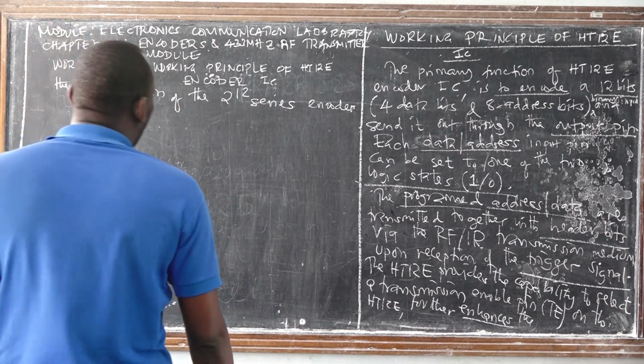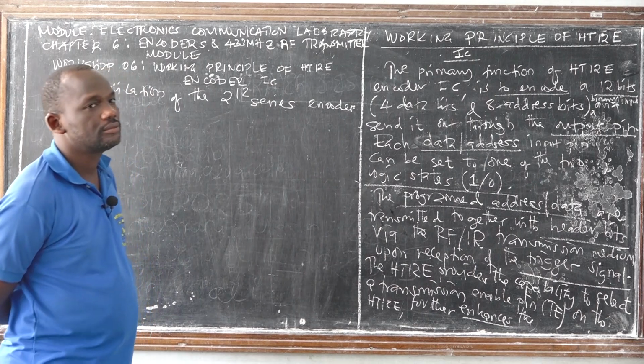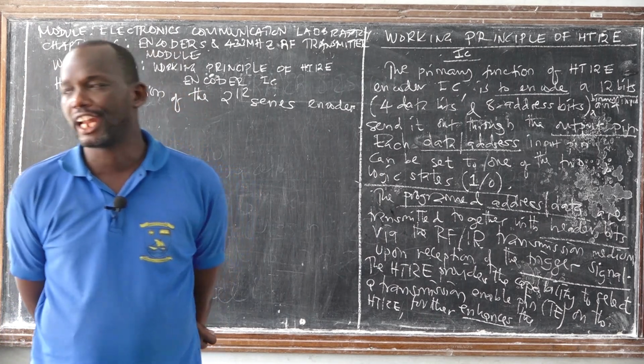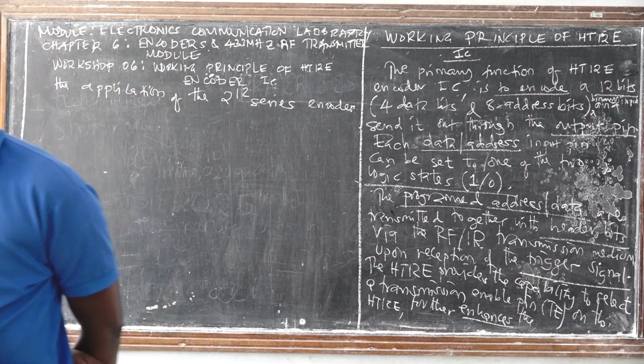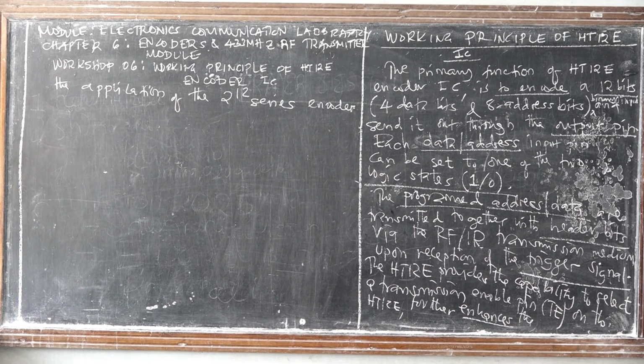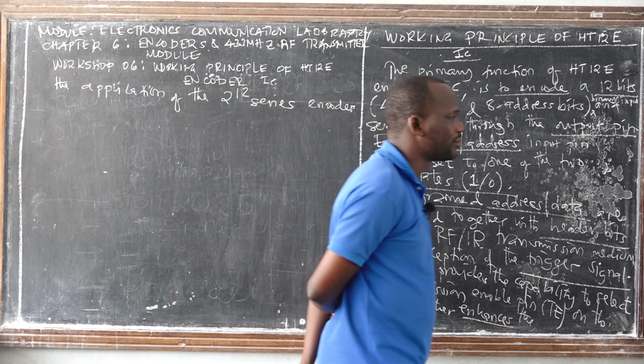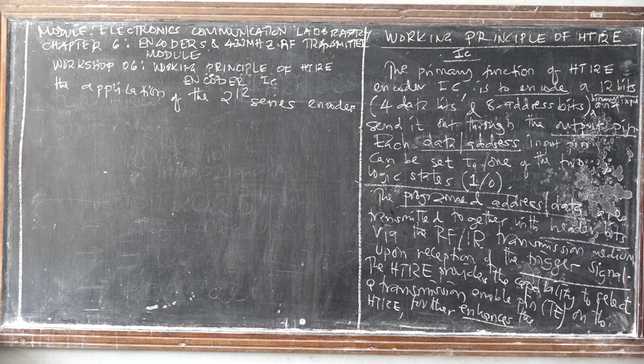Then before we learn about how we can construct the schematic circuit diagram of HT12, the schematic circuit diagrams that will encode the information, let us discuss some common applications of the HT12E encoder integrated circuit.